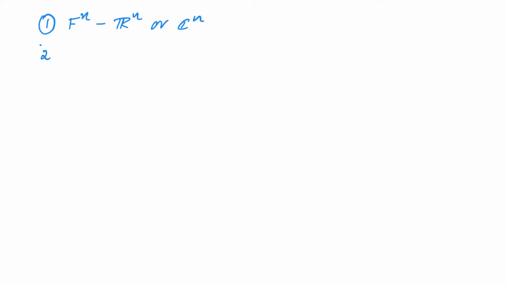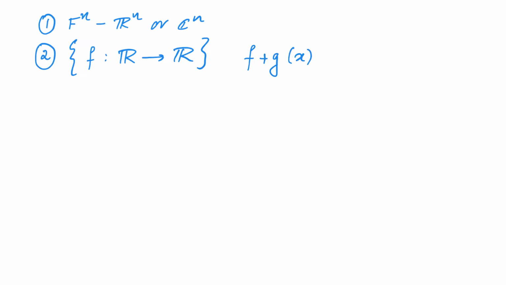Let us now look at slightly more sophisticated examples of vector spaces. Consider the set of all functions f from R to R. Now notice that we can add two functions. How do we add f plus g? We define (f plus g) of x is equal to f of x plus g of x.